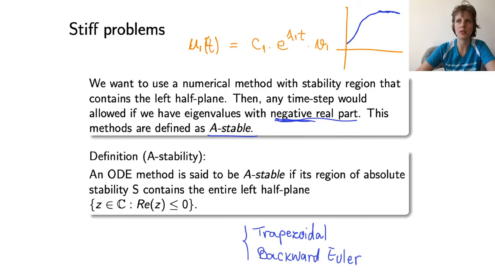So it means that the eigenvalues of this Jacobian matrix evaluated at this point should be smaller than 0. That's why, for stiff problems, we want the method to be stable on the left half plane.